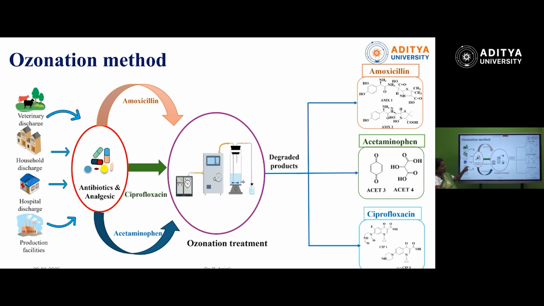We don't know, so we have to optimize where the maximum removal efficiency is achieved at a particular time. A kinetic study was also done for this work. And once all the parameters were optimized, I checked the TOC, total organic carbon, to see how much of the compounds are converted into CO2, H2O, and so on.